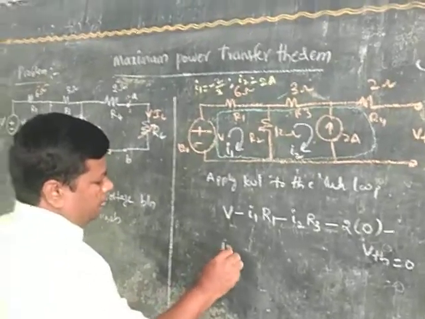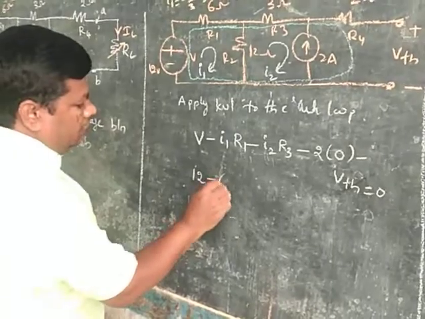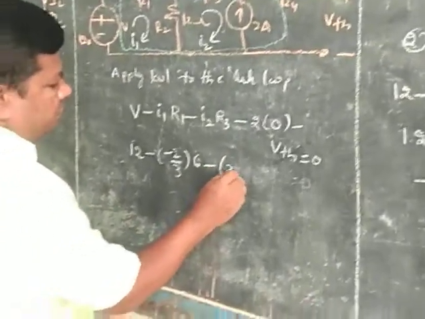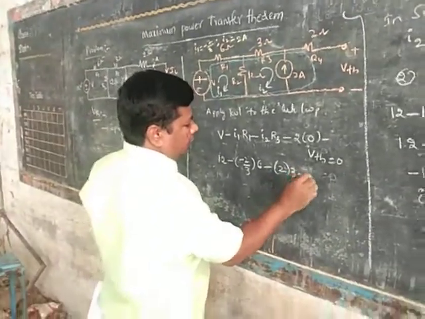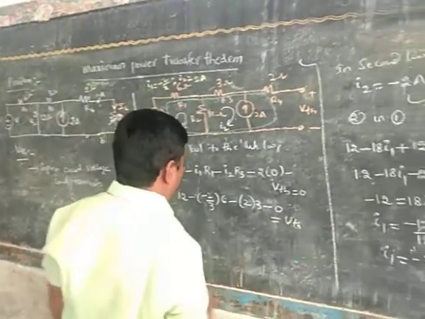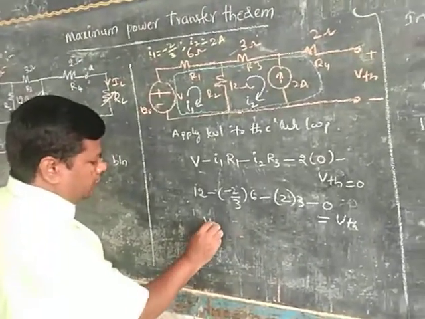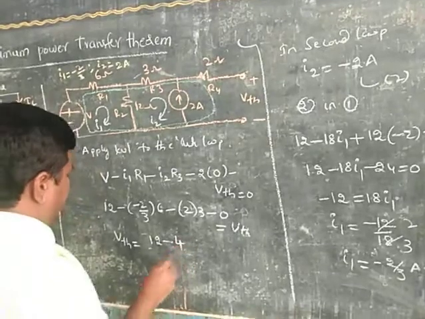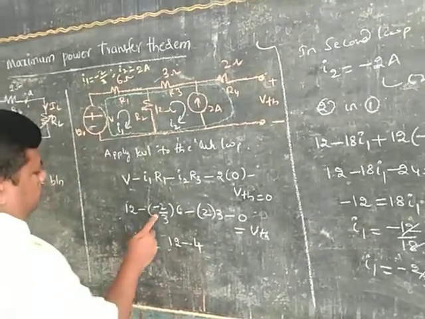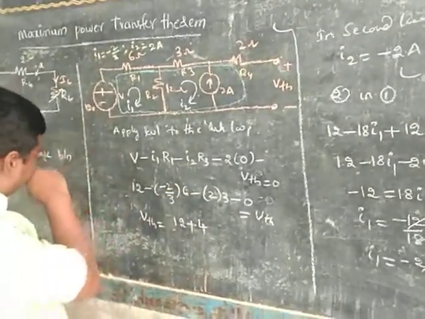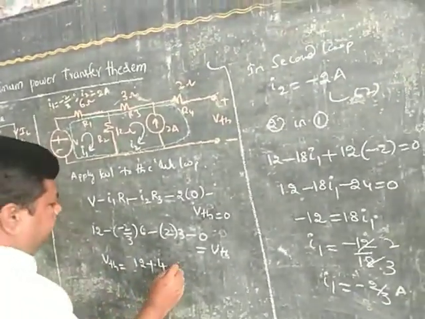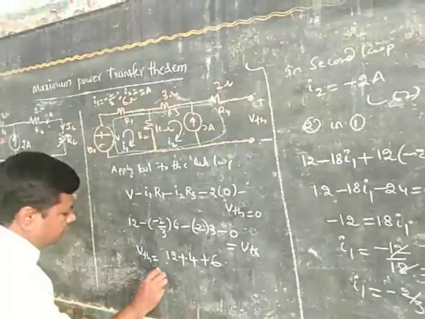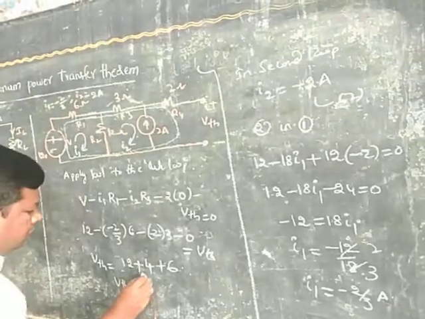Then substitute values: 12 minus I1, minus 2 by 3, R1 minus I2, 2, into R3, 3, minus 0 is equal to V Thevenin. Then V Thevenin is equal to 22 volts.